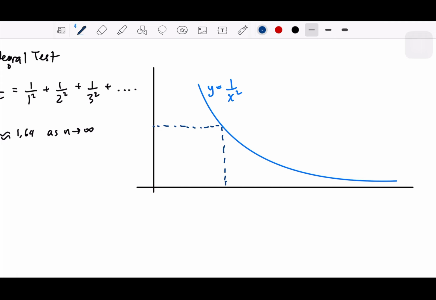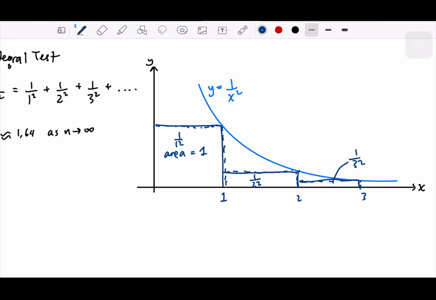If this is x and y, this is 1, and this is 2 and 3, and we can look at the area. This is 1, right? A 1 square area. This is the second one, 1 over 2 squared. So this is 1 over 1 squared, and this will be 1 over 3 squared, and so on and so forth.